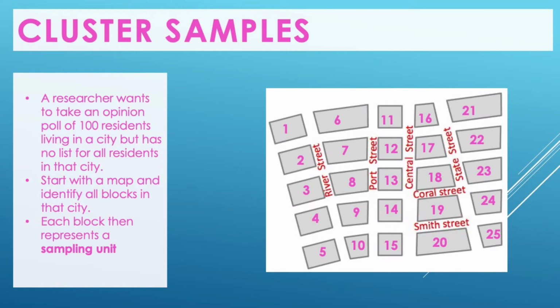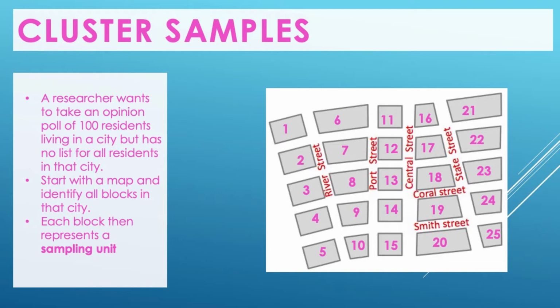One really common example of using cluster samples is when people are doing field research, particularly in metropolitan areas, where they want to interview people, maybe residents in a large residential area. So let's imagine that a researcher wants to take an opinion poll of 100 residents living in a city, but has no list of residents in that city.